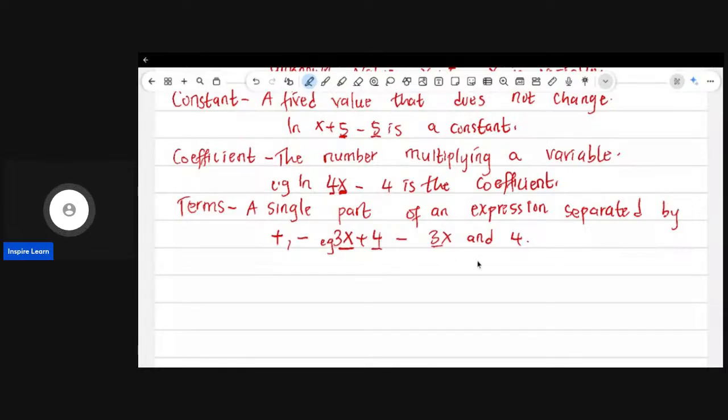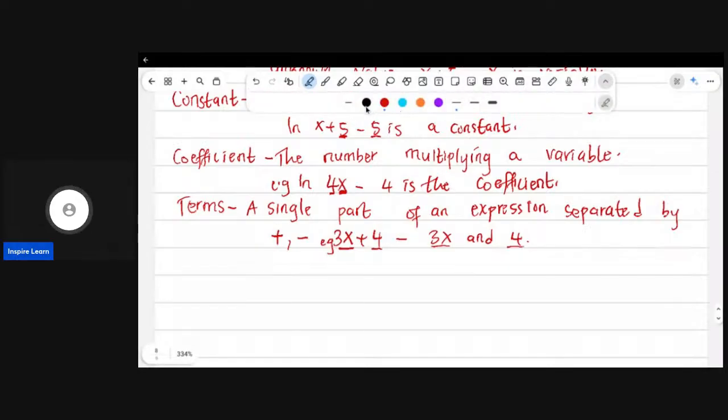We have 3x, and we also have 4. So from there, we can go to the next part, that is formation of algebraic expressions.